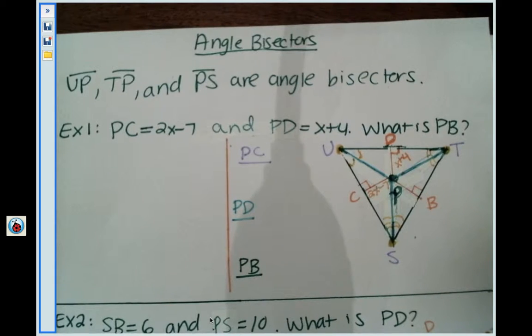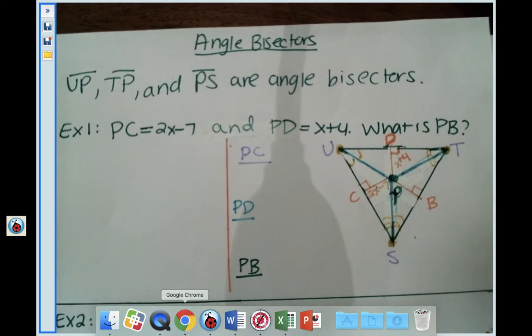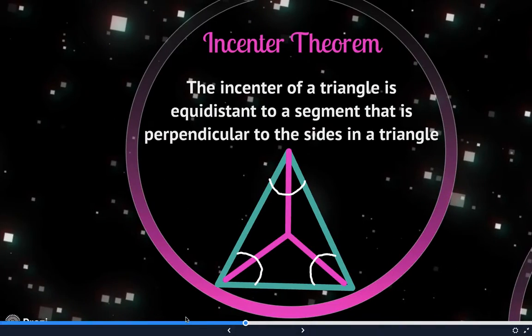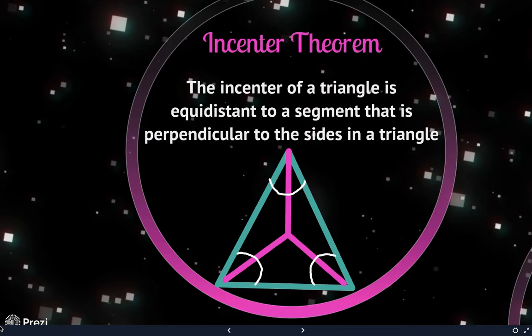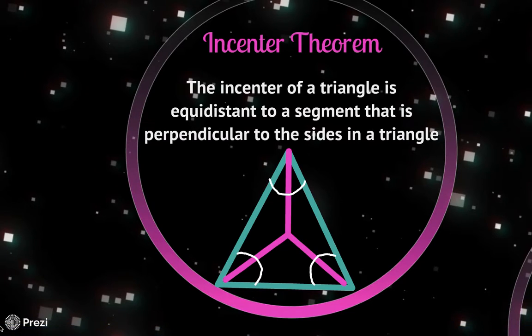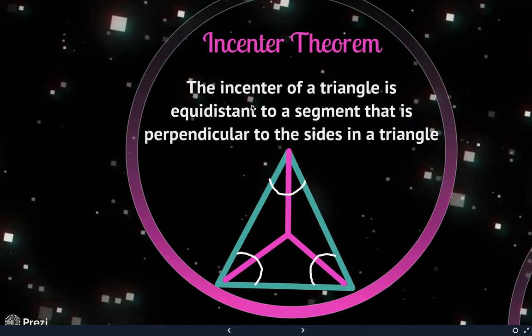So we have to figure out what's useful in the picture and what's not. So let's think back to the in-center theorem. Do you guys remember what the in-center theorem is? I knew you guys knew, but I'll recap it just in case it slipped your mind. The in-center theorem says that the in-center of a triangle is equidistant, which is a fancy way of saying it is the same distance to a segment that is perpendicular to the sides of the triangle.